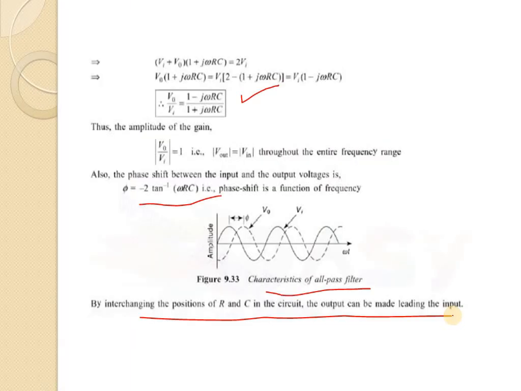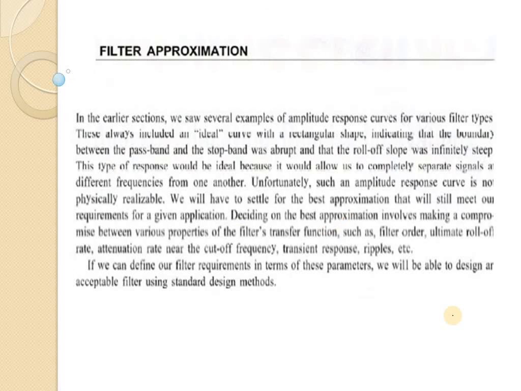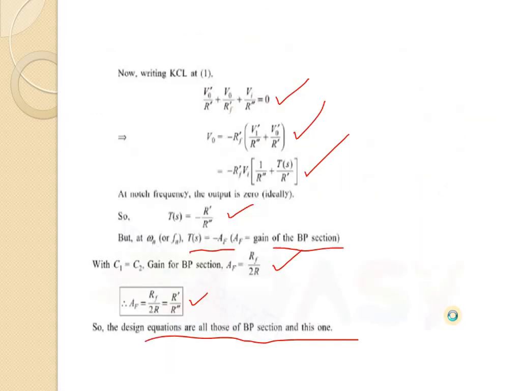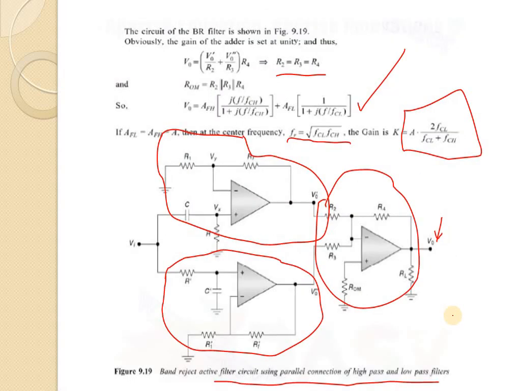So we have discussed band reject filters and all-pass filters. A band reject filter will reject a particular portion of frequencies and accept the other frequencies, that means the acceptance range is high here.